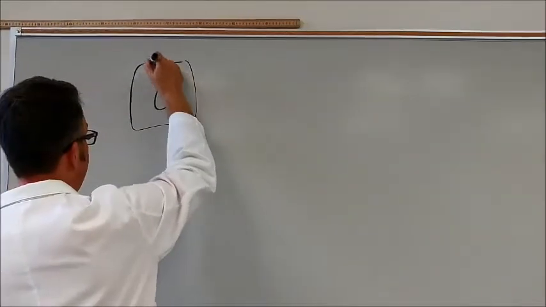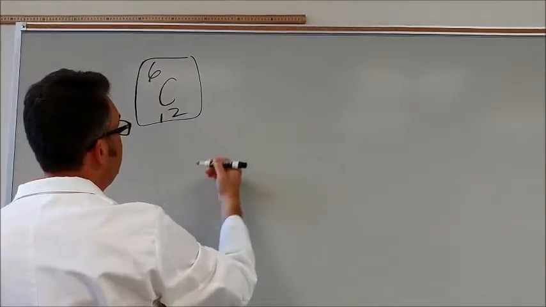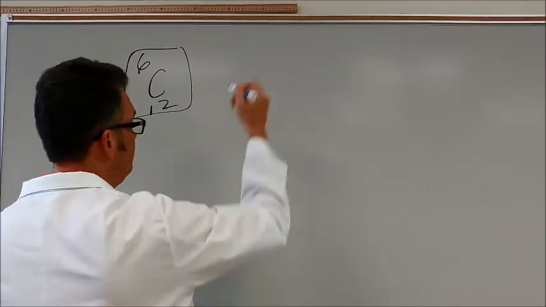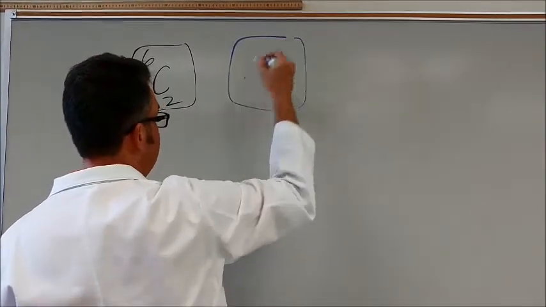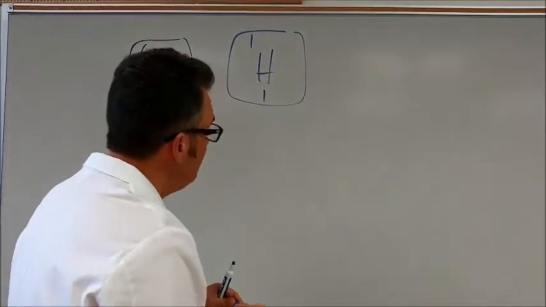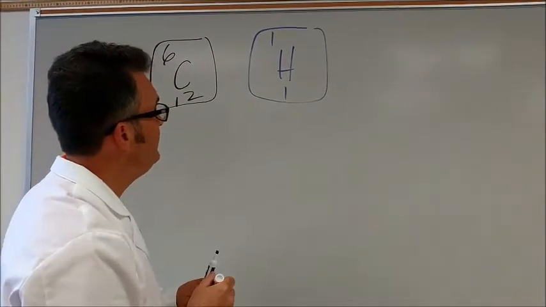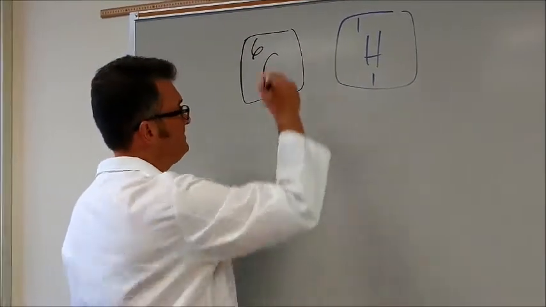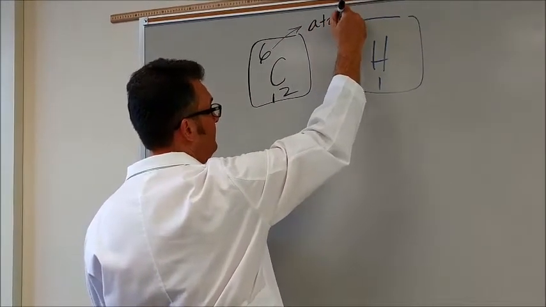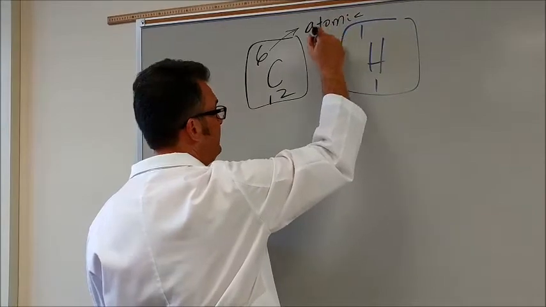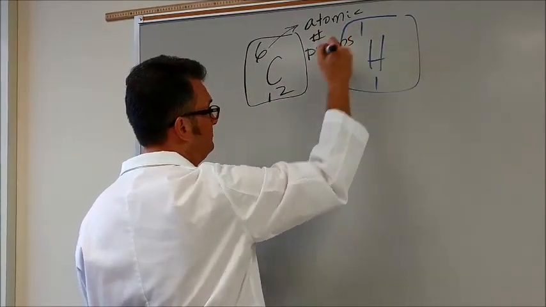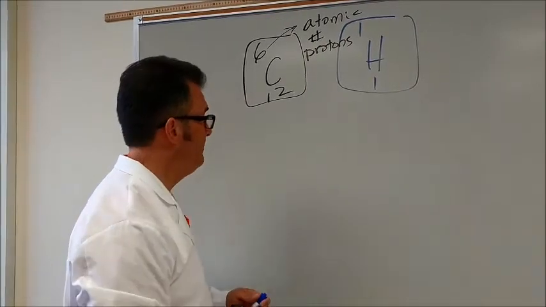Let's talk about carbon, and let's talk about hydrogen. Let's talk about these two chemicals for a minute. On the periodic chart, these numbers tell us things. This number is called the atomic number, and it tells you how many protons are present in this element.